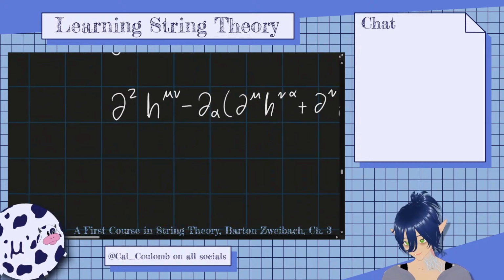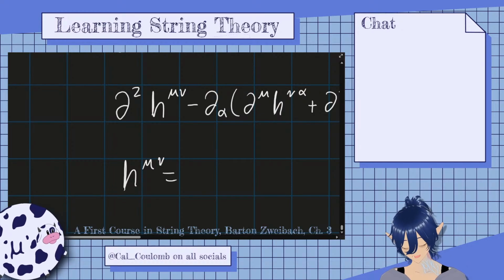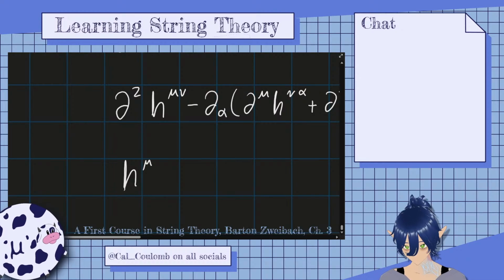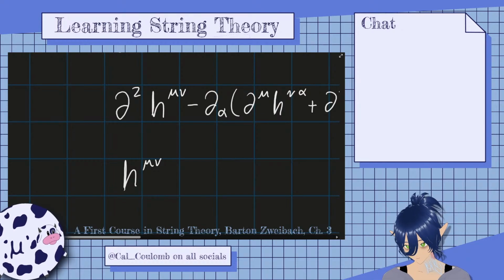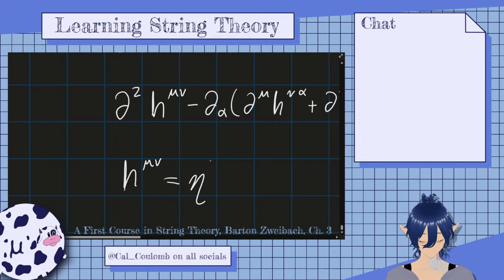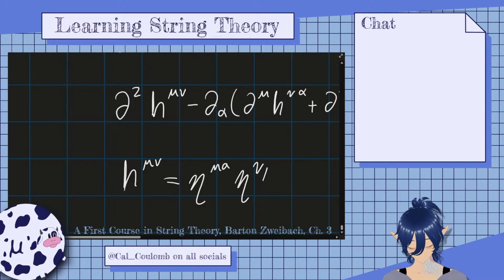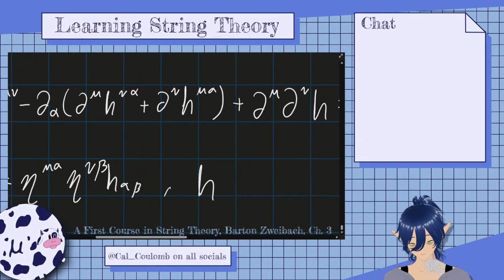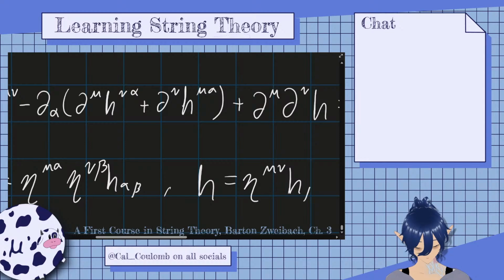Here they have the inverse metric fluctuation, or I guess it's not quite that, because it's being raised with etas; it gets complicated when you're talking about general relativity. So h with upper indices mu nu is eta mu alpha eta nu beta h alpha beta, and they define h, without any indices, as eta mu nu h mu nu.